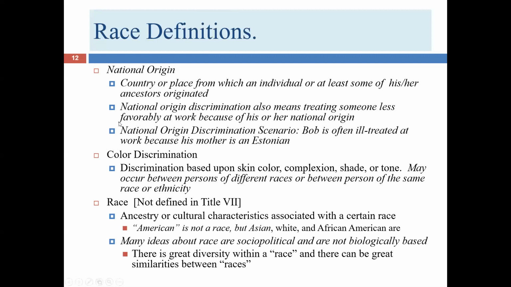Color discrimination is just what it says. It's about the tone of the skin. So again, within a racial or ethnic group, there can be a great deal of variation. Some of it may be genetic. For example, some people just have darker skin, even within a racial group. Sometimes it may have to do with the amount of sun exposure that a particular person has.